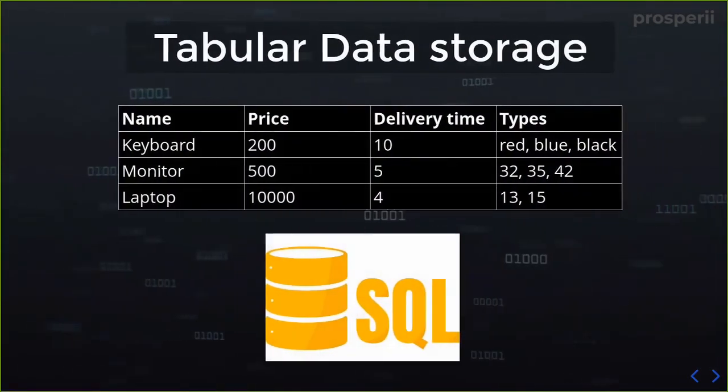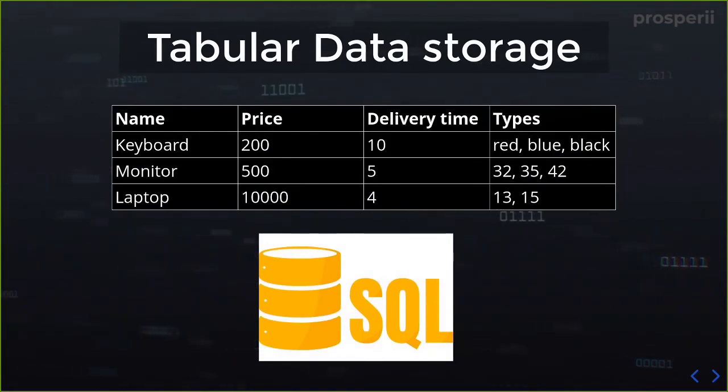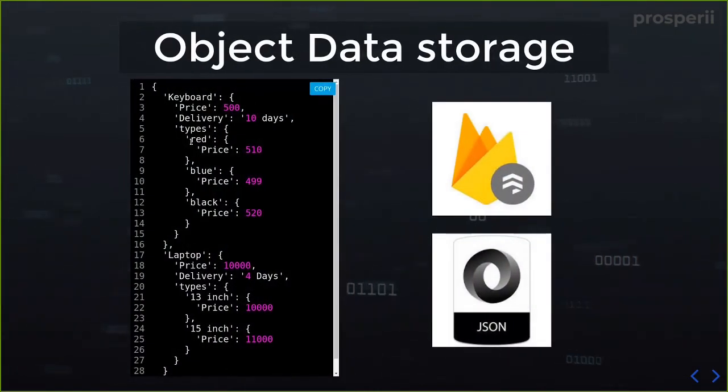So after this, people started storing data in the form of tables, and after storing everything in the form of tables, there was still a problem where you could not assign some properties like price, availability, color to the different subtypes of the same product. Okay, so in order to overcome that difficulty, we further added a new object data type.